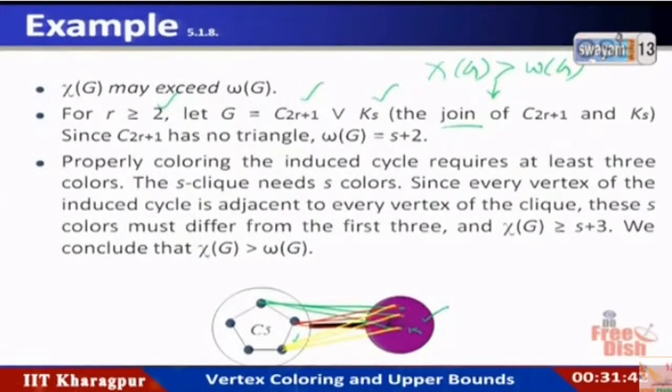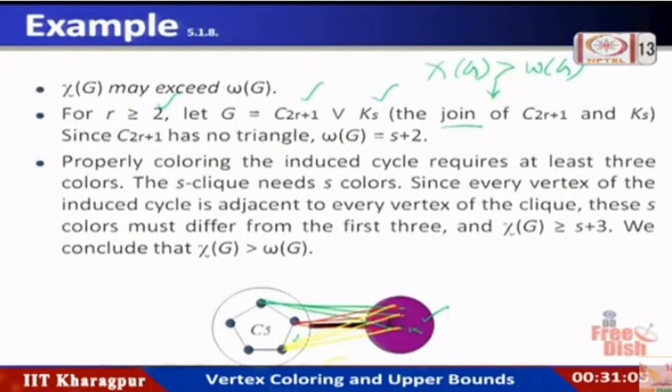So let us see how many colors are required. Definitely this graph G is going to exceed this value. Why? Because every vertex of C2r plus 1 is adjacent to Ks. So more than omega of G, that is, this is the complete graph, that many colors are required. Let us see how many different colors are required.